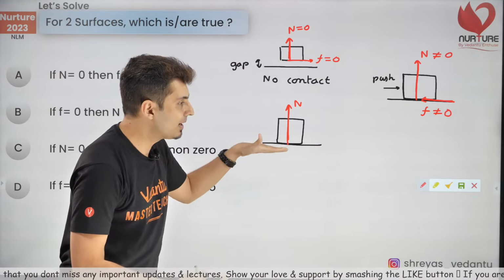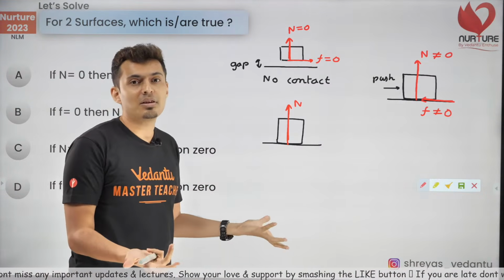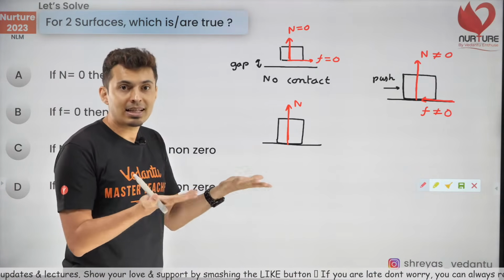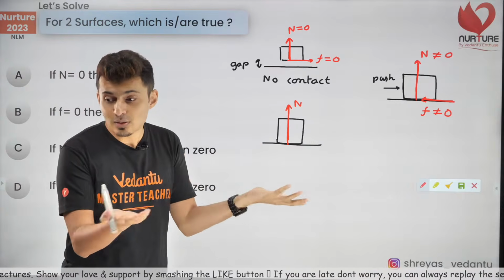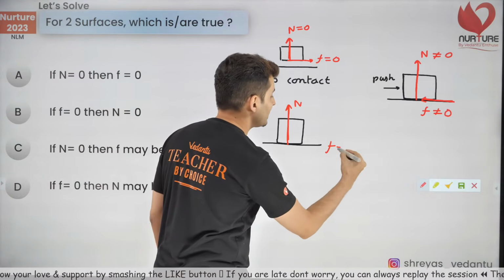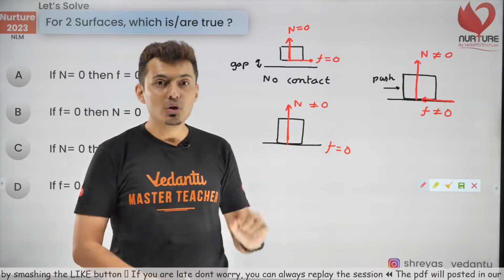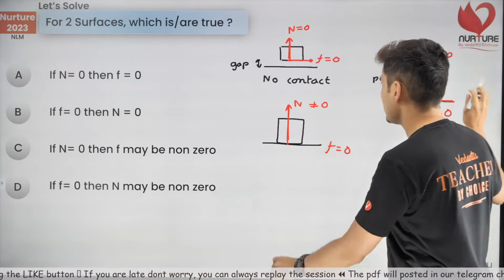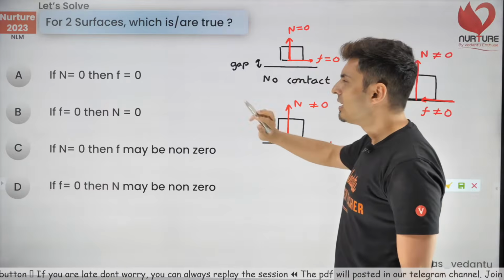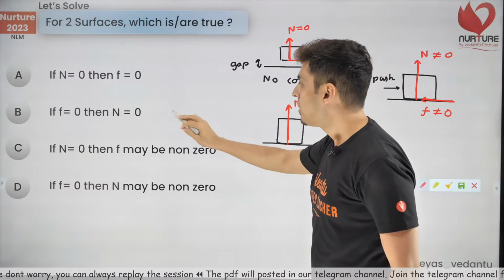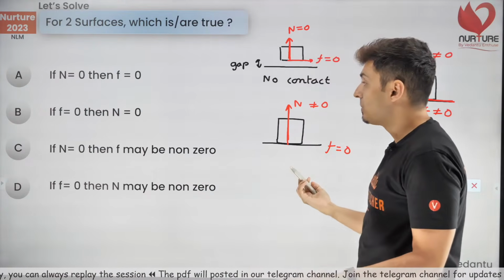The surface can be rough, but why will friction act? There is no need to move. There is no need of sliding. There is nothing happening out there. So friction will not act. So friction will be zero. Normal is not zero. Now you should be able to analyze the situations and then mark the answers. If normal is zero, then friction will be zero, or friction may not be zero.